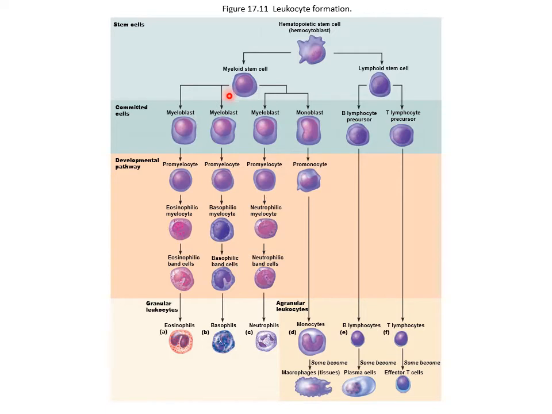Your myeloid stem cell gives rise to myeloblasts that eventually become your phils with granules, your eosinophils, your basophils, your neutrophils, and then a separate population becomes your monocyte. Monocytes can leave the circulation and become your wandering macrophages in tissues.